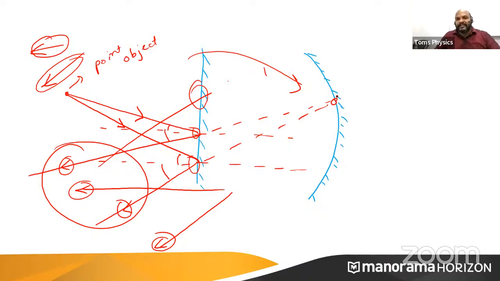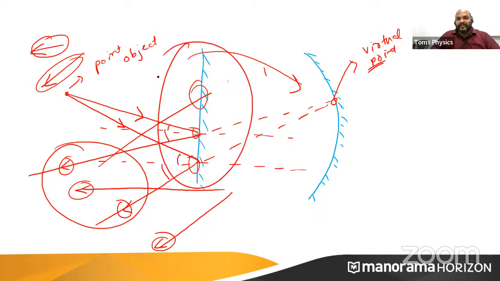This is not a real point. This is a virtual point behind this mirror. Is this understood? This is a virtual image because the rays are not meeting after reflection. Is this clear to everyone?